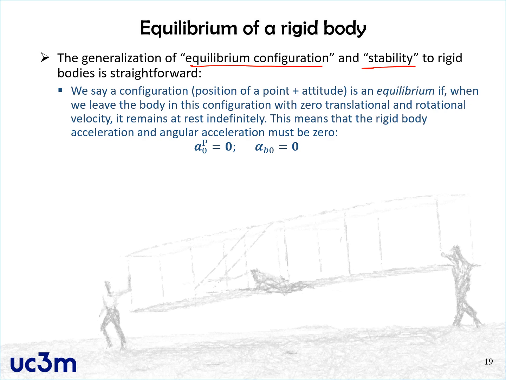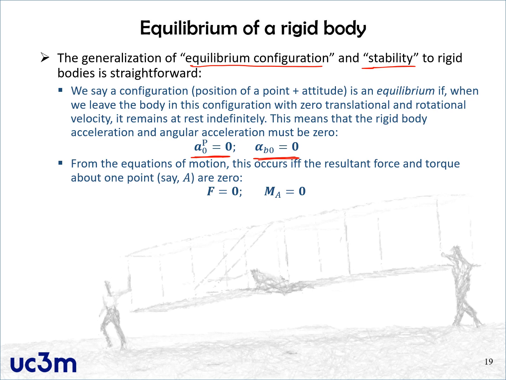This requires, of course, that the acceleration of any one point, for example, point P, be equal to zero, and that the angular acceleration of the rigid body be equal to zero. If this is true, then the acceleration of all points of the rigid body will be equal to zero.